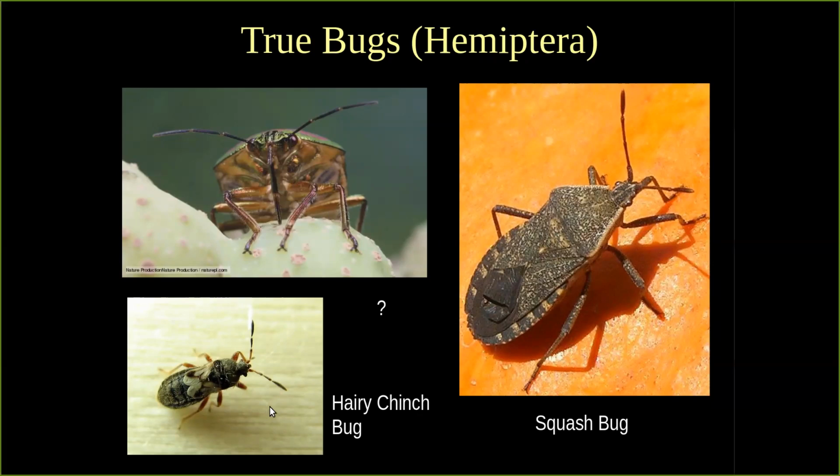Examples of those are the hairy chinch bug, which can be quite devastating on lawns, and the squash bug that can take a big hit on squashes.